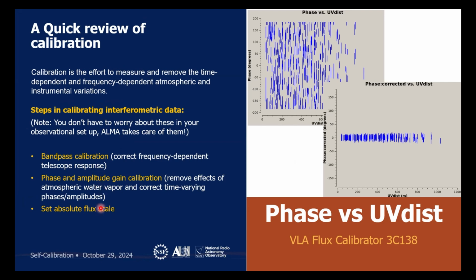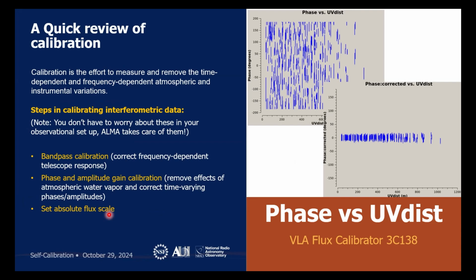We also want to remove effects of the atmosphere, like water vapor, or any time-varying phase or amplitude change due to the atmosphere. This is called the gain calibration. And finally, we also want to set the absolute flux scale to make sure the data are on a consistent flux scale. This is called flux calibration.